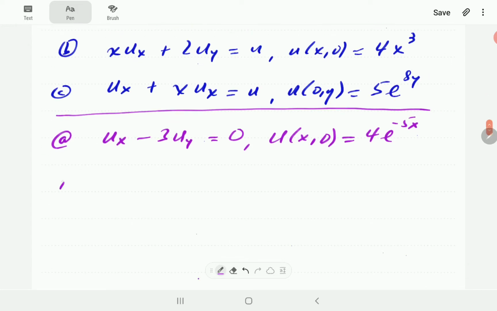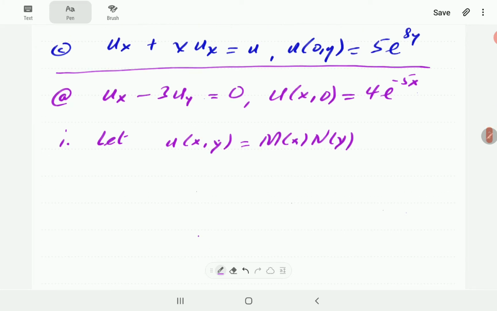So in the first approach, we are going to assume that we can write u as m times n, where m is a function of x and n is a function of y only. It means the derivative of u with respect to x is m prime times n, and the derivative of u with respect to y is m times n prime.